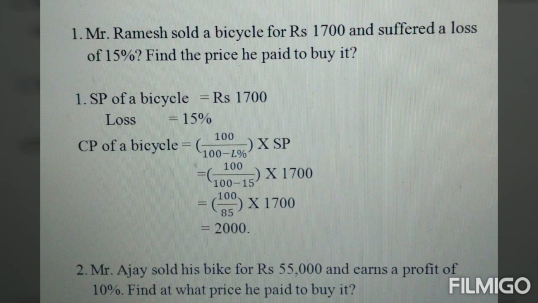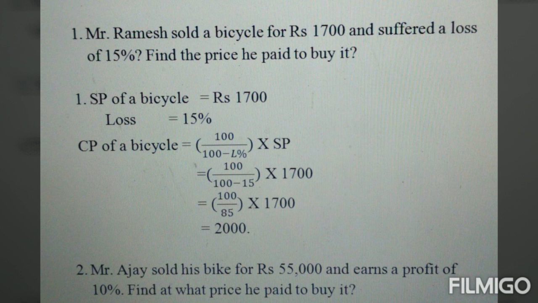Ramesh sold a bicycle for rupees 1700 and suffered a loss of 15%. Find the price he paid to buy it. Now here SP of the bicycle is given, equal to 1700, and he suffered a loss of 15%. So we have to find out the CP of the bicycle.